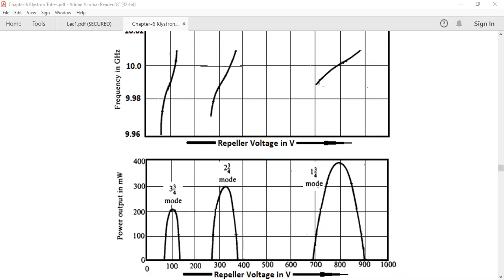Due to velocity modulation, after leaving the buncher cavity there is a variation of the velocity of the electrons. That we are going to calculate first. That is common for both the two cavity klystron as well as the reflex klystron.